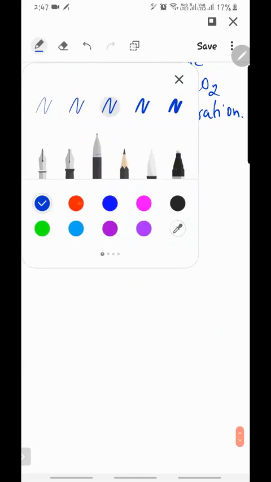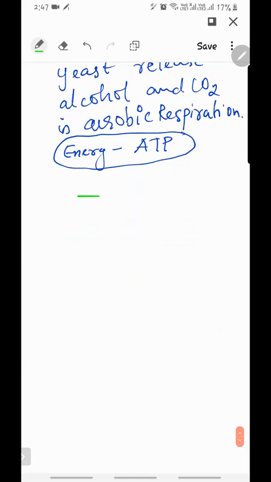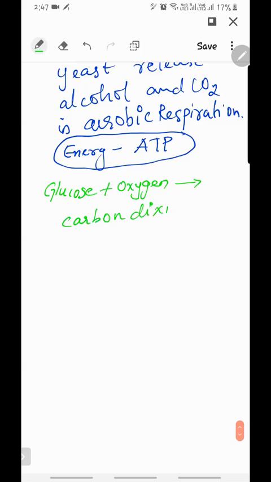So we can write it by the equation. You can see here. Glucose plus oxygen will produce carbon dioxide plus water, and this is aerobic respiration.